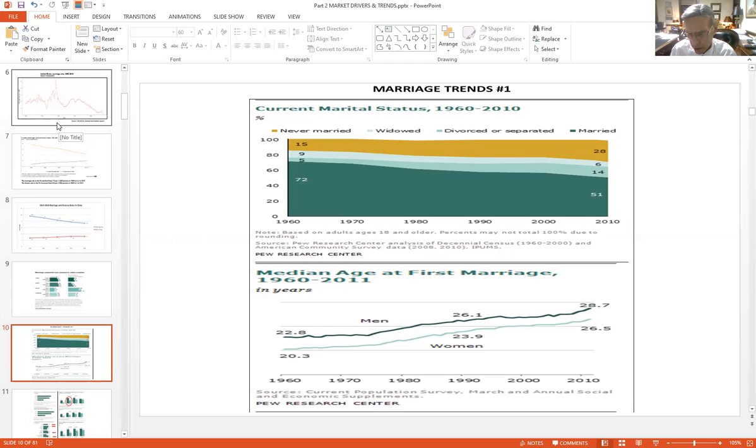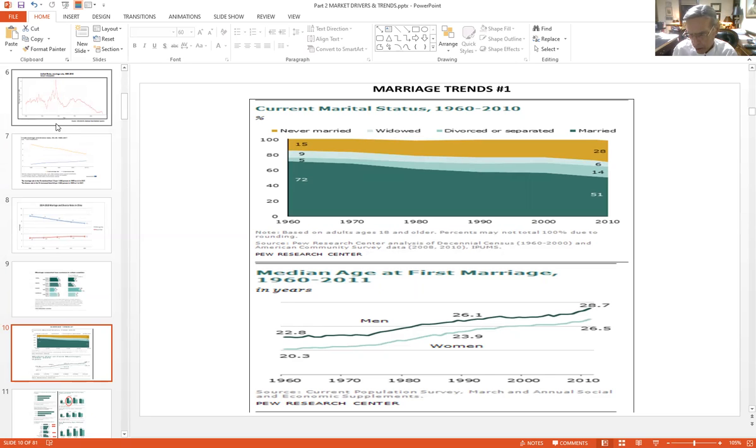Another interesting trend is the age at which people in this country marry. And you can see that there's an increasing trend in the ages at which people marry. They got married in 1960, right out of school, right out of college, or shortly after high school.